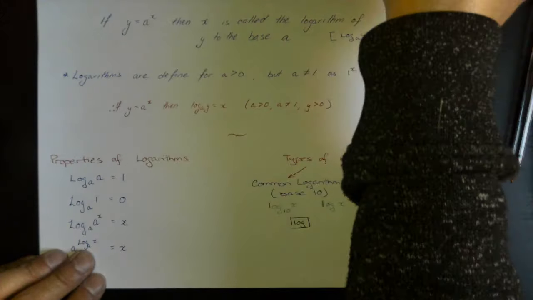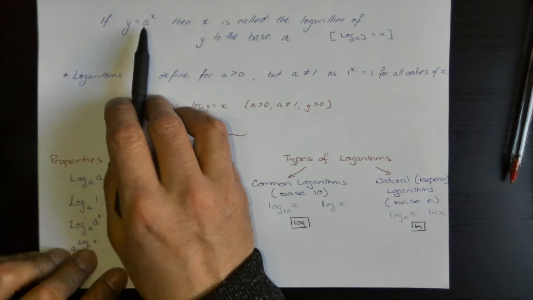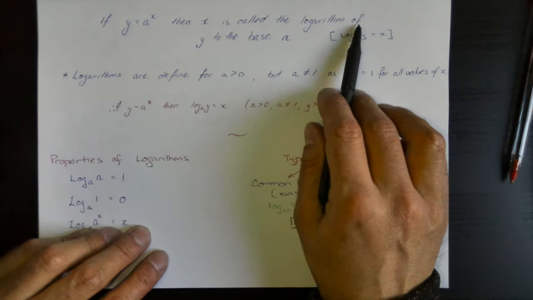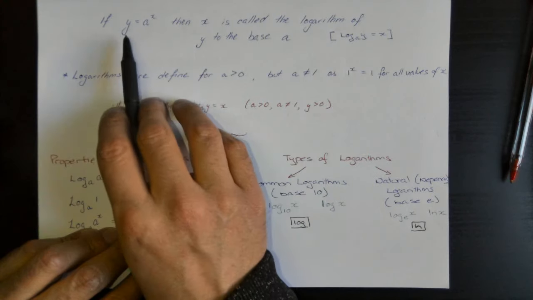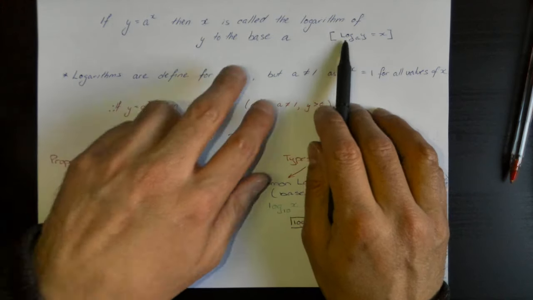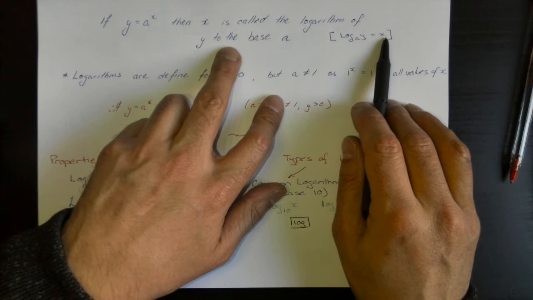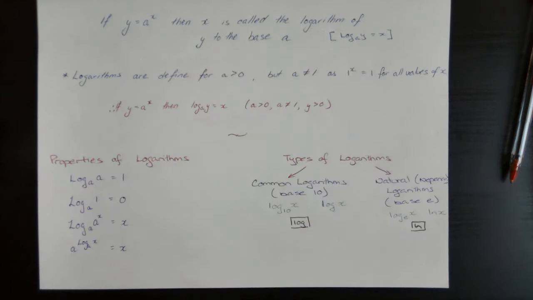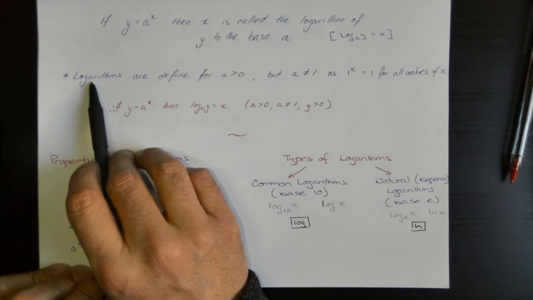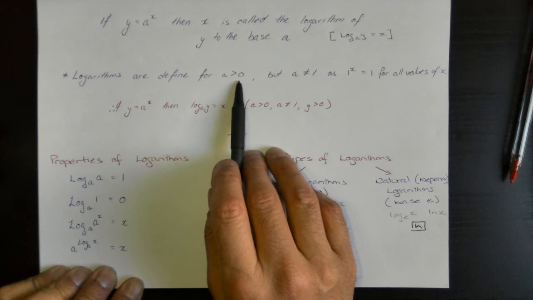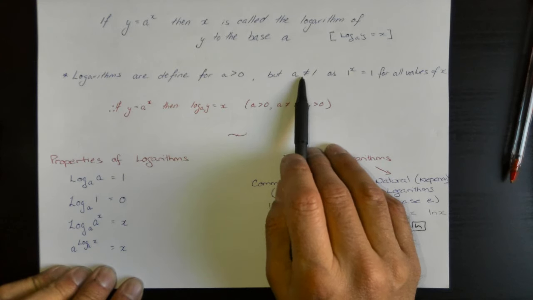Okay, so we say if y equals a to the power of x, then x is called the logarithm of y to the base of a. So the logarithm of y to the base of a is equal to x, and that's how we read it. Logarithms are defined for the base a greater than 0, but a cannot be 1.